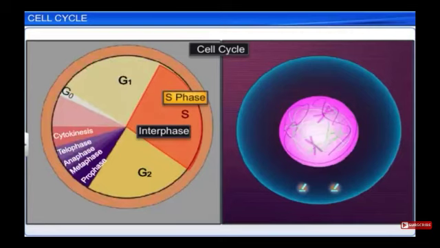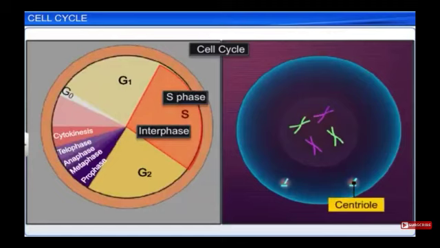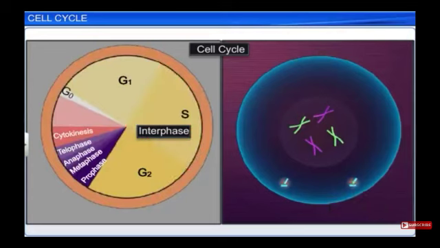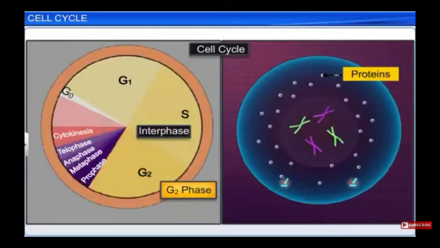In the S phase, or the synthesis phase, the DNA synthesizes or replicates and the amount of DNA in the cell doubles without any increase in the number of chromosomes. Also, the centriole in the cytoplasm begins to duplicate in the S phase. Finally, in the G2 phase, or the gap 2 phase, the cell prepares for mitosis and cell division by synthesizing proteins while the cell still continues to grow.